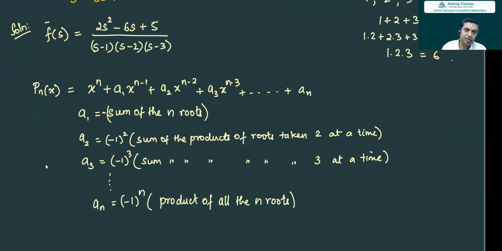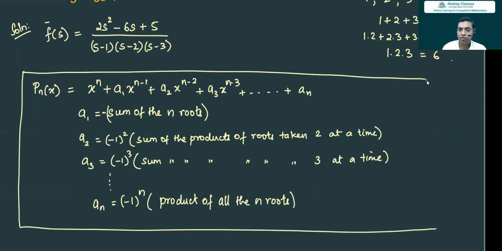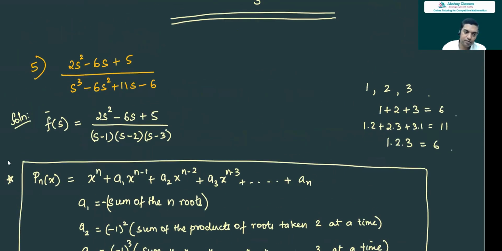So you will get two cases. So this is something that you should remember. It will be very useful in problem solving. So here I save time, just looking at it, and directly I wrote the factors.